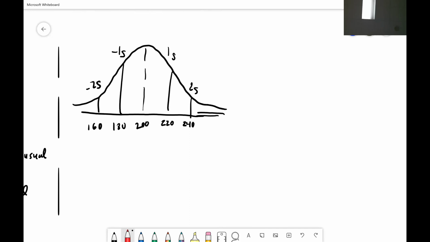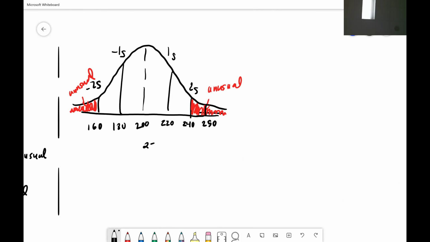Now, what we say is anything over here or beyond is unusual. Or anything over here and beyond in this direction is unusual. So 250 falls right here.